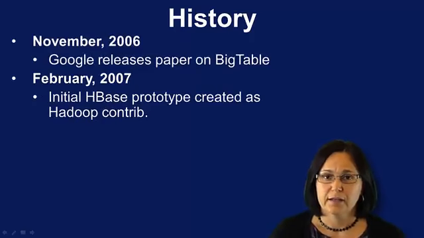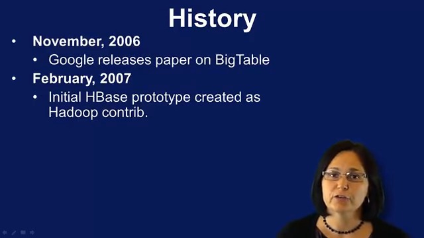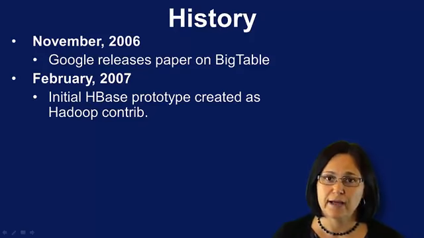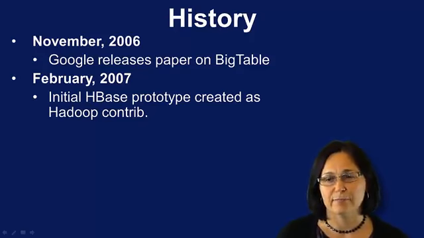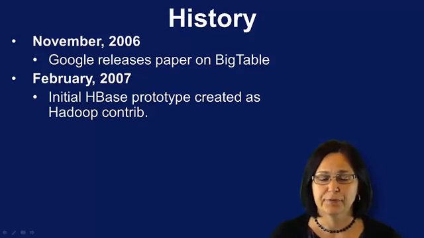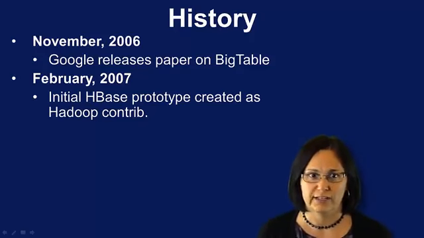So let's look a little bit at the history. HBase first came about in about November of 2006, when the first paper came out describing Bigtable and all of the interesting aspects of the challenges Google was trying to deal with at the time. This is what started and triggered all of this additional research and different ways of dealing with these very large data sets.